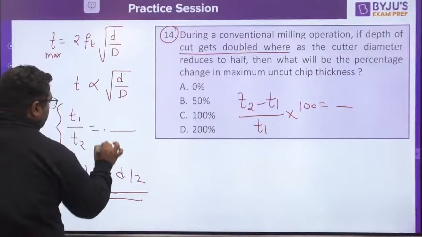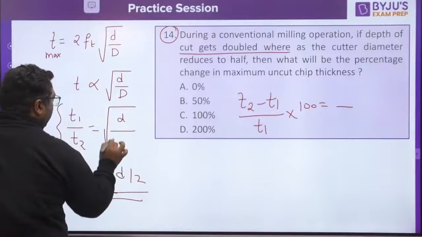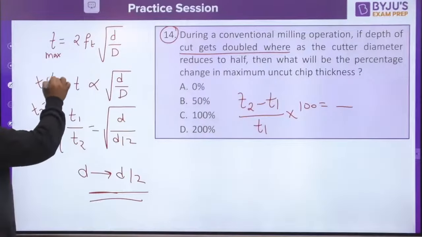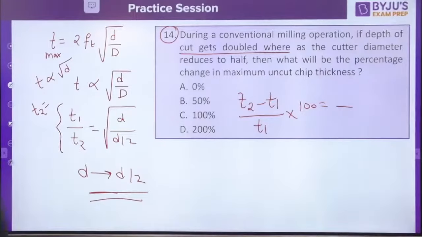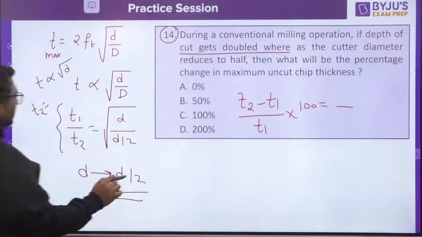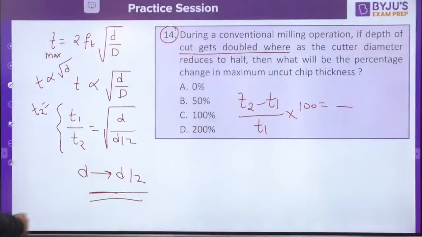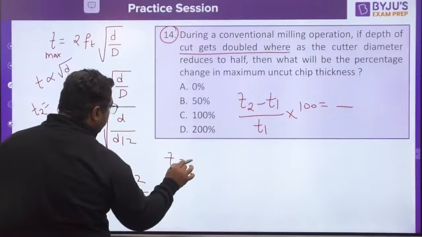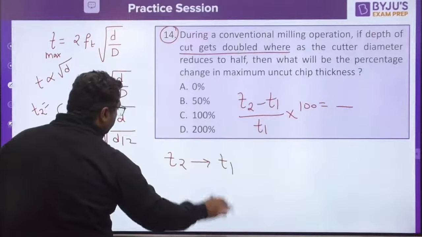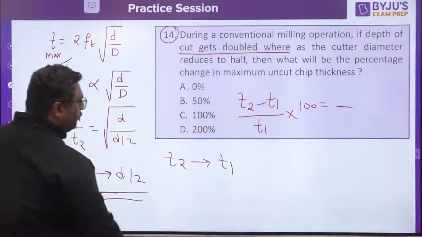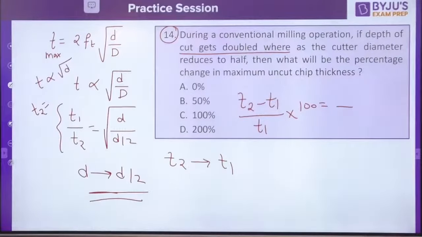So it is nothing but square root of d and d by 2. Is it clear? So from that you would be getting T2 in terms of T1. After getting this, you would be putting the value and you will be getting the answer.